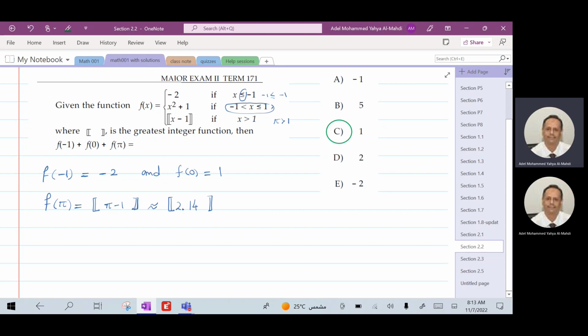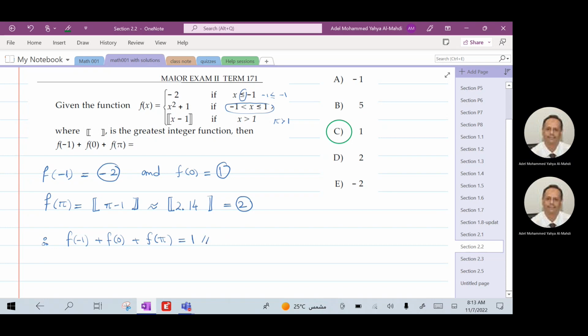And the greatest integer of 2.1 is equal to 2. Now we have 3 values, and we ask about the sum. So the answer is f at -1 plus f at 0 plus f at pi. So the total sum is 1.